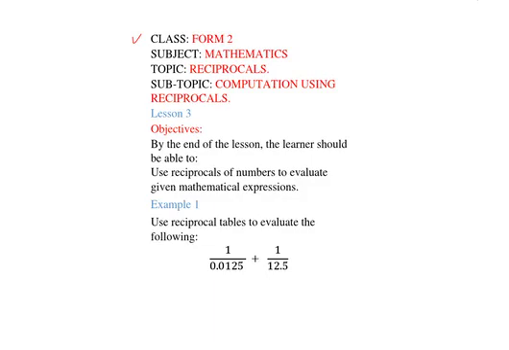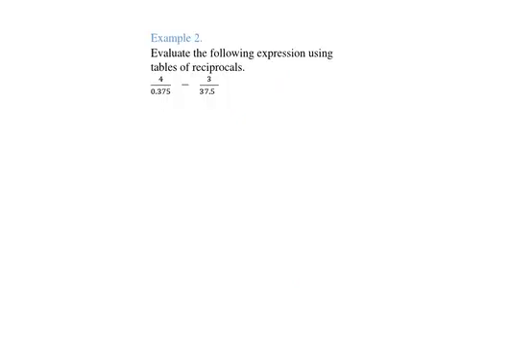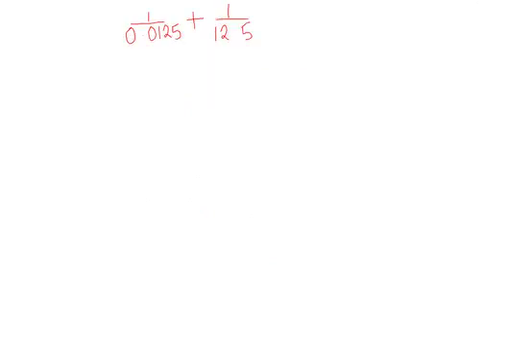So in short, they want the reciprocal of 0.0125 plus the reciprocal of 12.5. So we read the reciprocal of 0.0125 from the table.